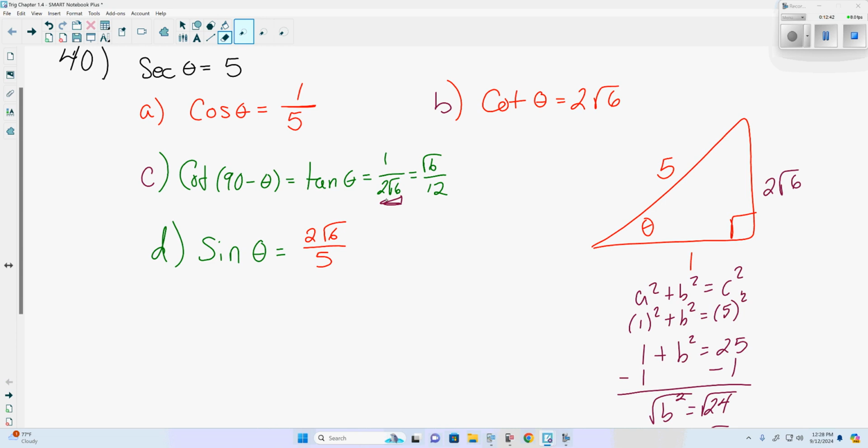Tangent of this. Because it's really saying cotangent of 90 minus theta is really just looking at cotangent of this angle over here.